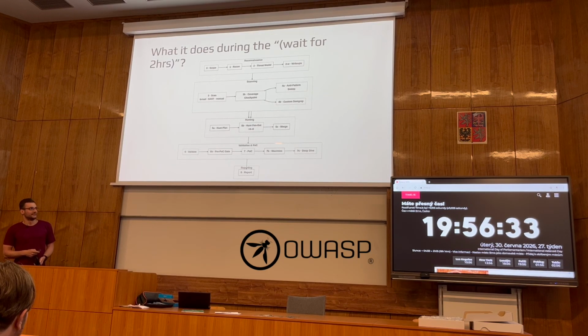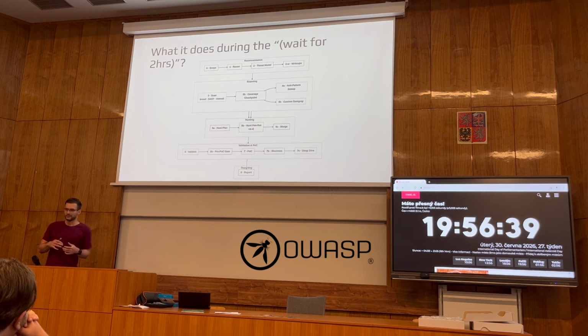And once it has that, it goes through the rest, which consists of trying to chain and to maximize the impact. So for example, if you have an IDOR where you can read some object you are not supposed to, maybe you can also write to it, right? Makes sense. If you have two vulnerabilities, maybe you can combine them for better impact. And this is all done in this stage.